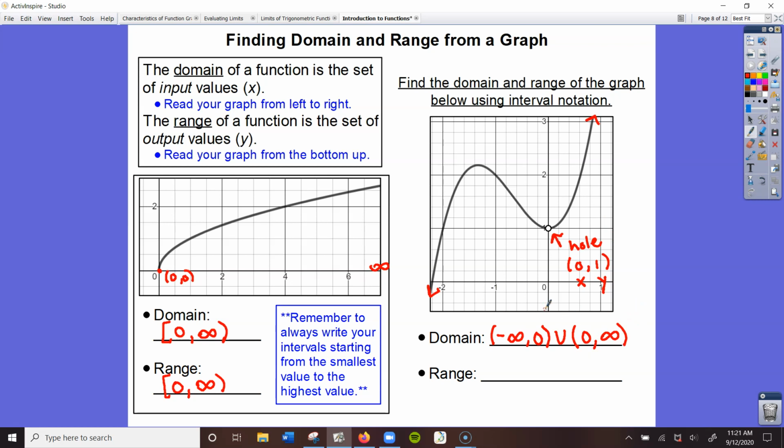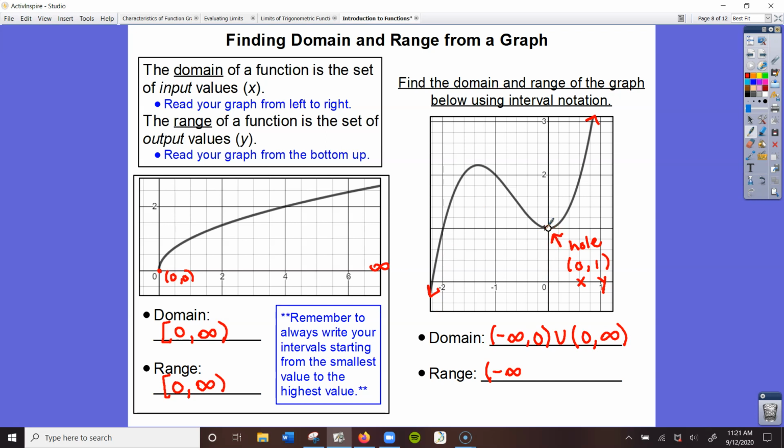The range is going to look very similar, except we are going to exclude that 1. We can see that this graph is going down forever, so those are my negative y values, so we start at negative infinity. All of these y values are included except for this y value of 1.